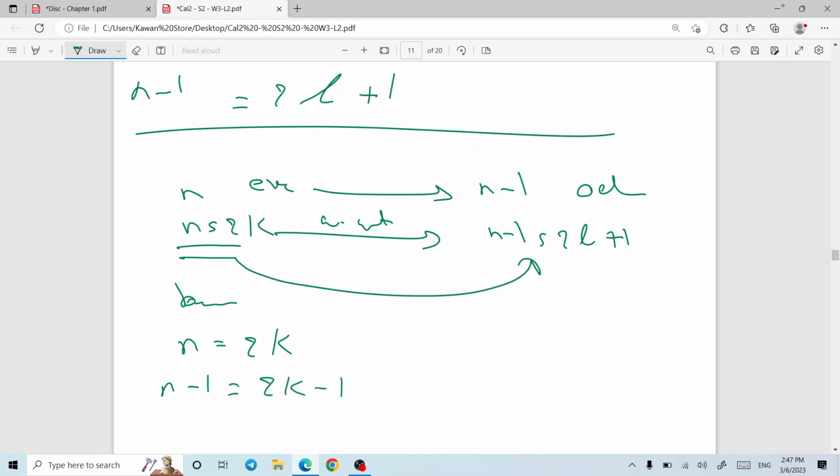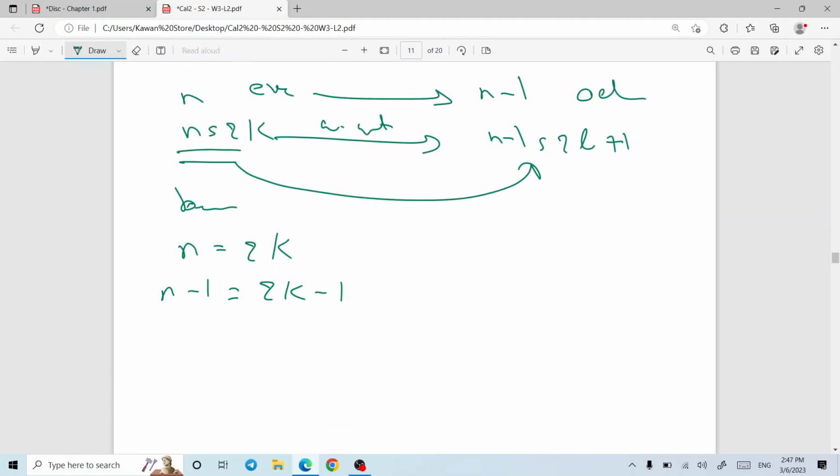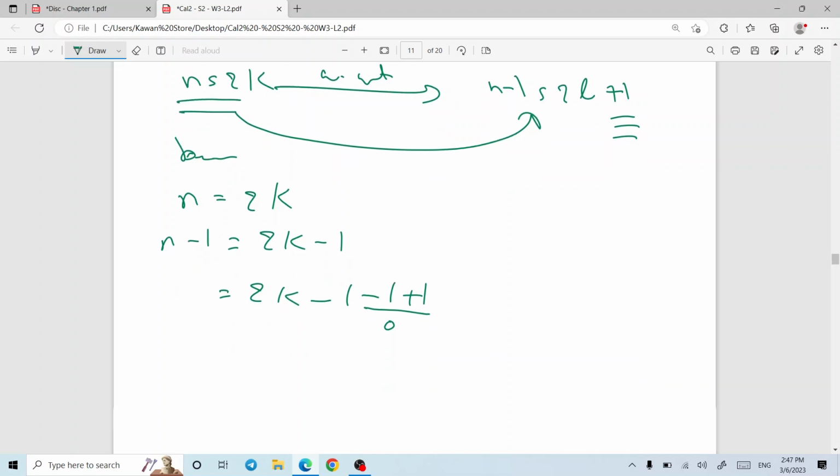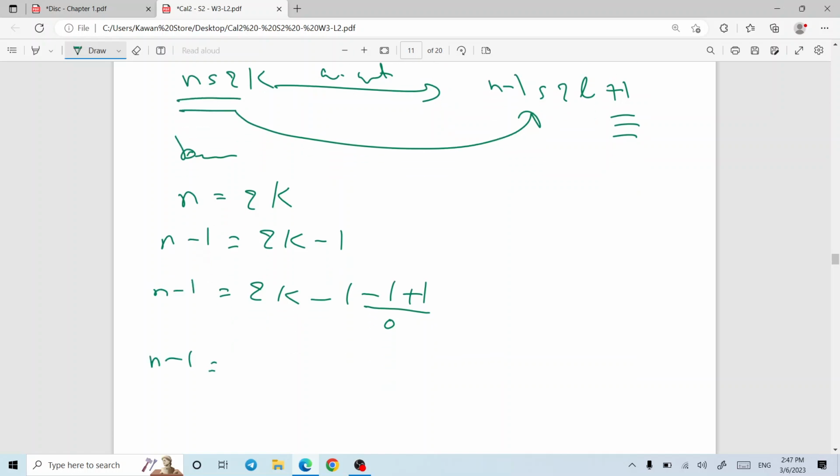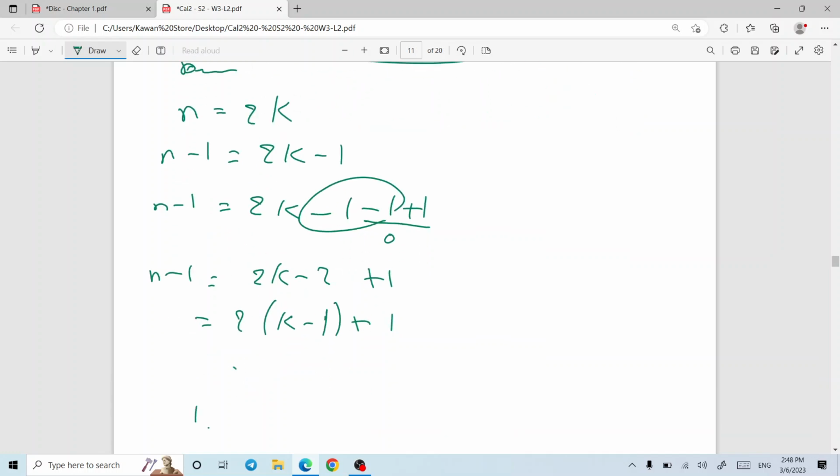Then, because I need this formula, I'm going to minus 1 plus 1, because that one will be 0. We add and subtract 1. Understood? Then it equals 2k minus 2 plus 1, because I know minus 1 equals minus 2 plus 1. Then it will be 2(k minus 1) plus 1. Then it will be 2l plus 1. Means odd.